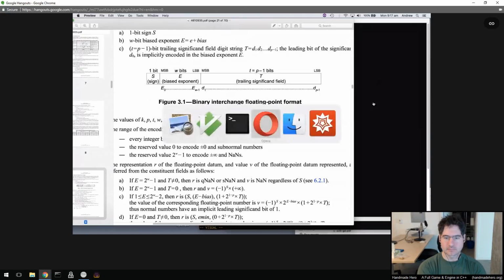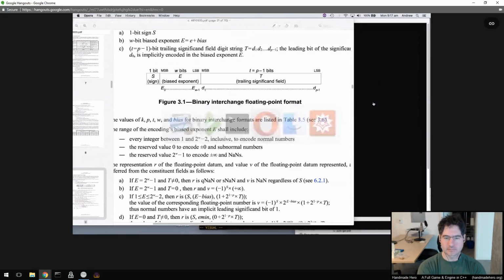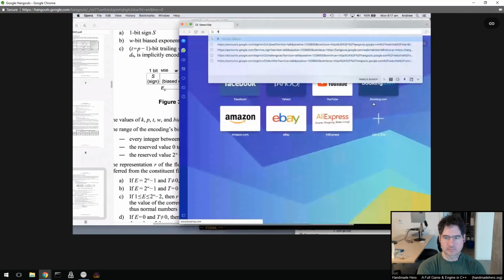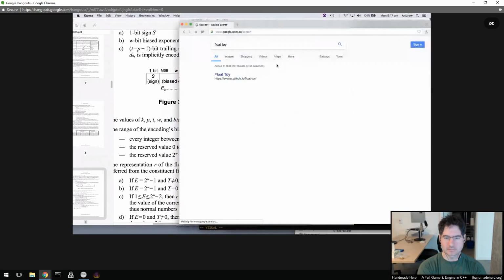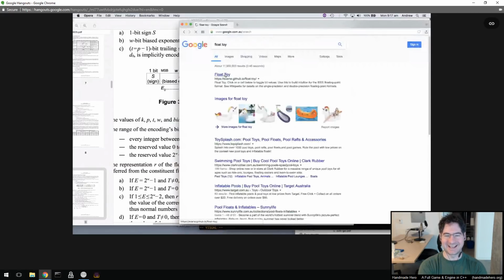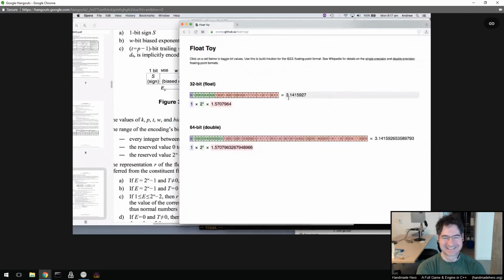Now, there is a useful little tool here. It's called float toy, let me search for it. There we go, float toy. Wonderful little thing that someone has stuck on GitHub, which lets you actually play with this. You can flip the sign bit and it'll make it a negative number. You can play with the exponent, and have a lot of fun with various bit patterns, and see what floating point number each corresponds to.